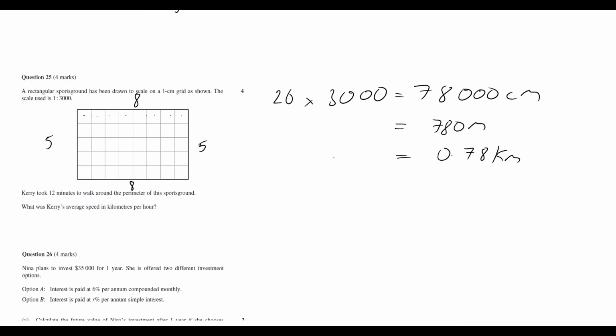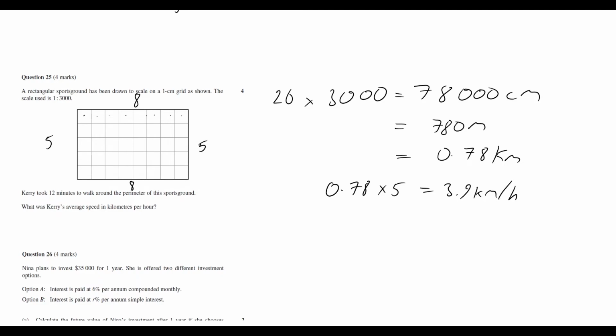All right, so what does that mean in terms of making it into kilometers per hour? Well, how many lots of 12 minutes are in 1 hour? We can quickly see that that's going to be 5 times 12. So all we need to do is say 0.78 times by 5, and that will give us the final answer of 3.9 kilometers per hour.